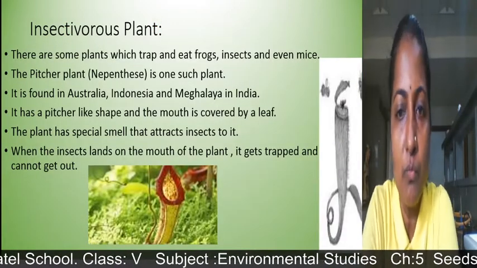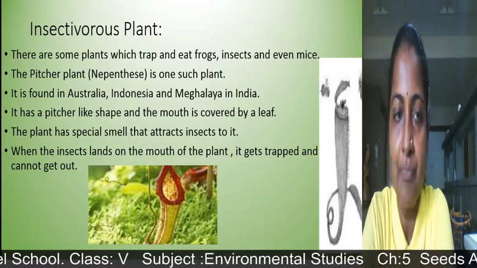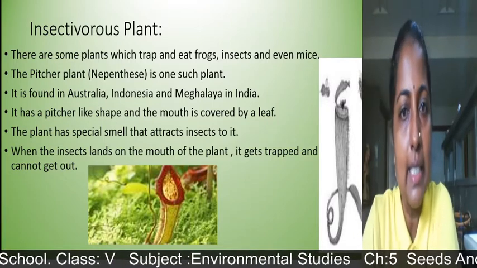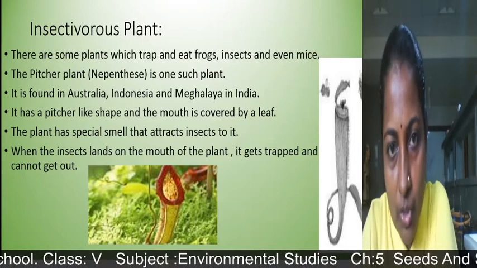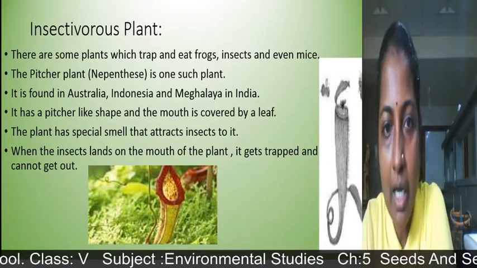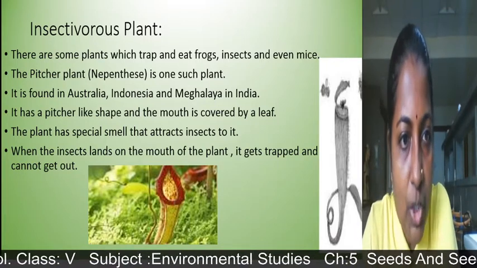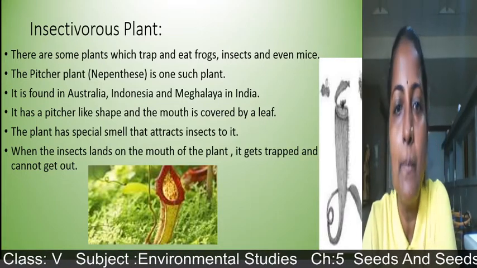After studying monocot and dicot seeds, we will see about insectivorous plants. These are some plants which trap and eat frogs, insects and even mice also. The pitcher plant is one such plant. It is found in Australia, Indonesia and Meghalaya in India. It has a pitcher-like shape and the mouth is covered by a leaf.